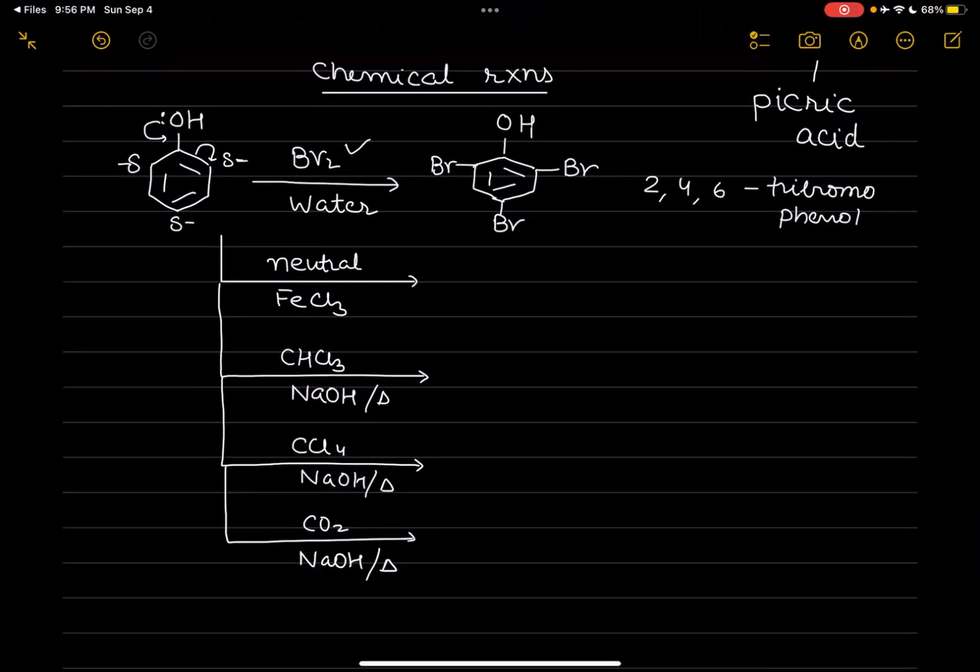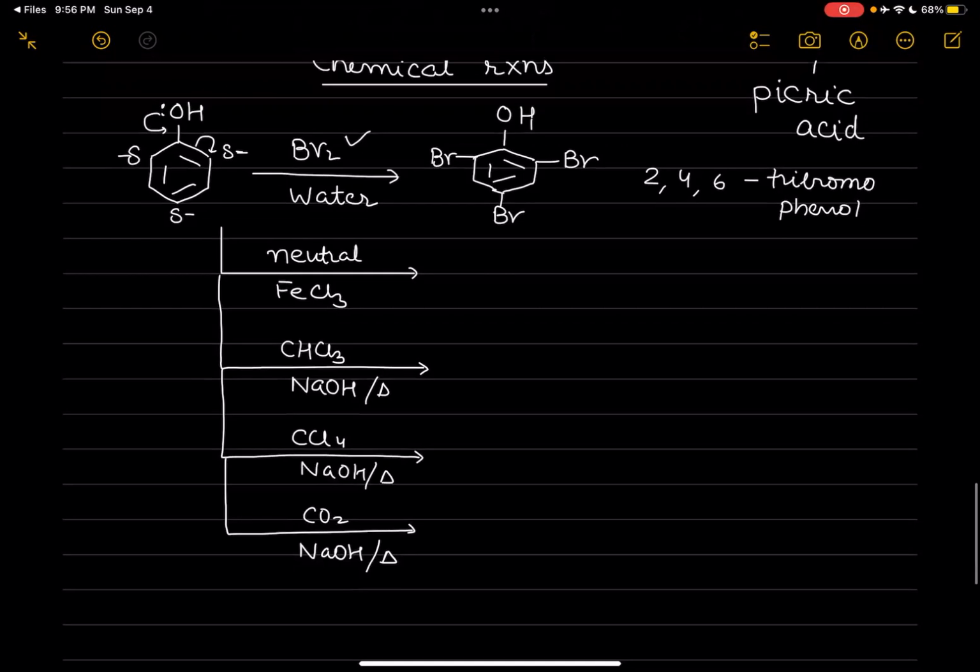And how will you distinguish a normal alcohol and a phenol? Tell me. So this is the way, neutral FeCl3. It gives violet color with phenol.